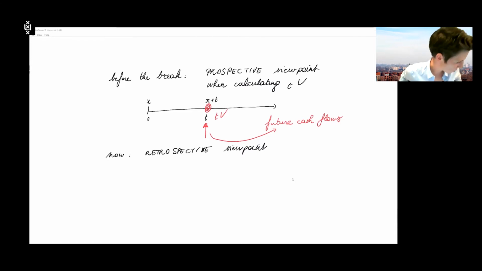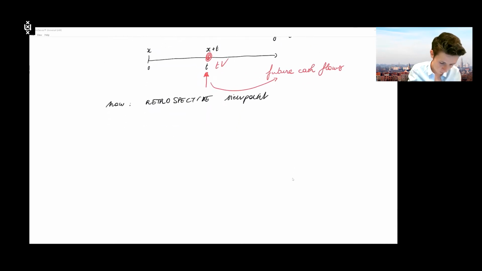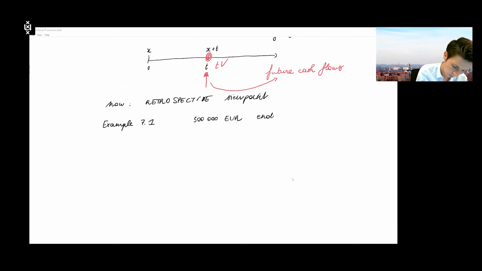We're going to continue with example 7.1. I have my endowment insurance with a duration of 20 years and a 500,000 euro sum insured.